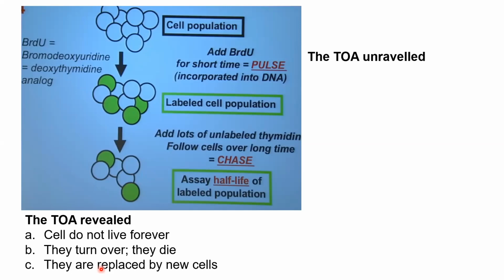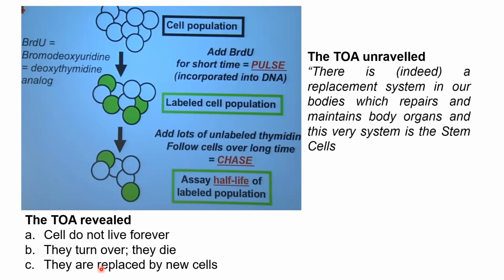And to put it in a nutshell, the important point we got from this assay was there is indeed a replacement system in our bodies which repairs and maintains our body organs. And we found out that this very system is the system of stem cells, which replaces and repairs and maintains our body.